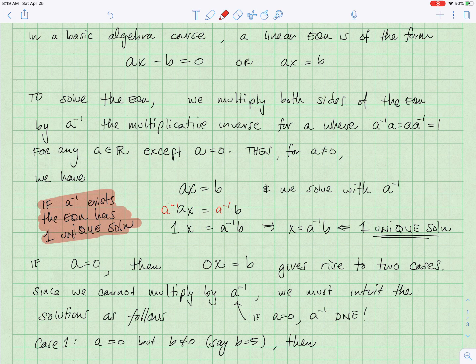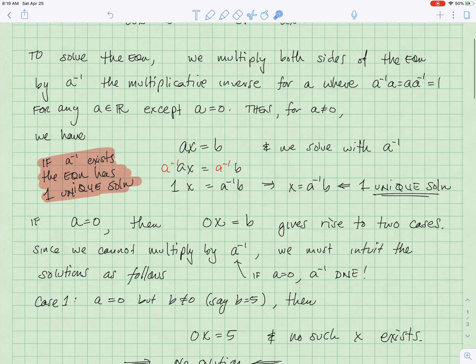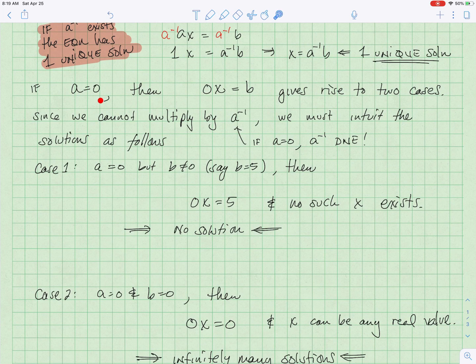Now there is the possibility that A does equal 0. So coming down here a little bit, if A does equal 0, then 0x = b gives rise to two possible cases. And we cannot multiply both sides by A inverse here because A inverse doesn't even exist for A equals 0. So we have to intuitively sort of solve this situation as follows. And we're going to break it up into two cases.